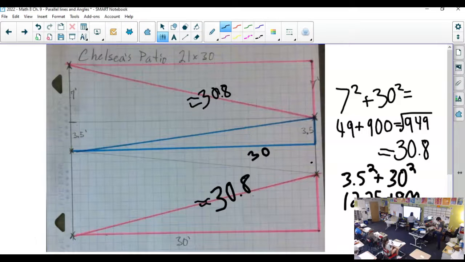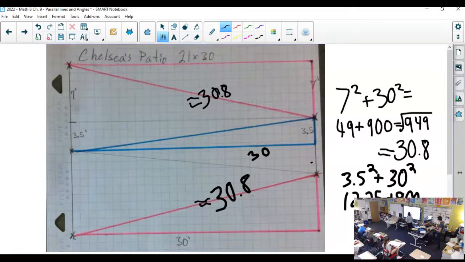If we add those, we get 912.25. Then we have to square root that, so you've got 30.2.